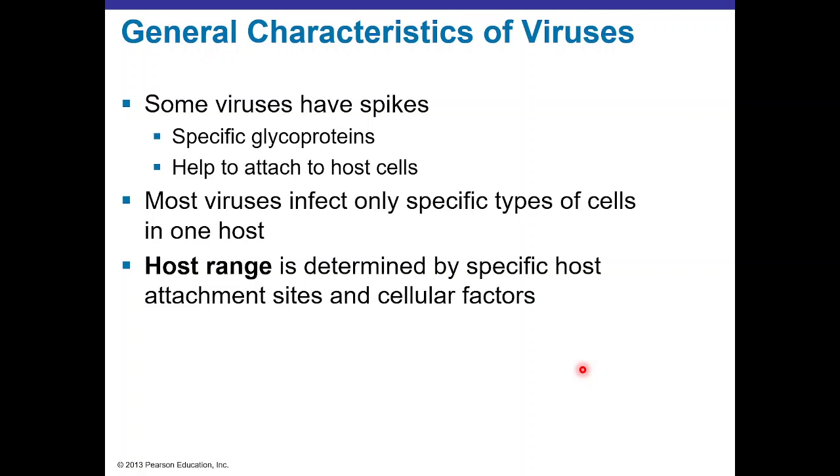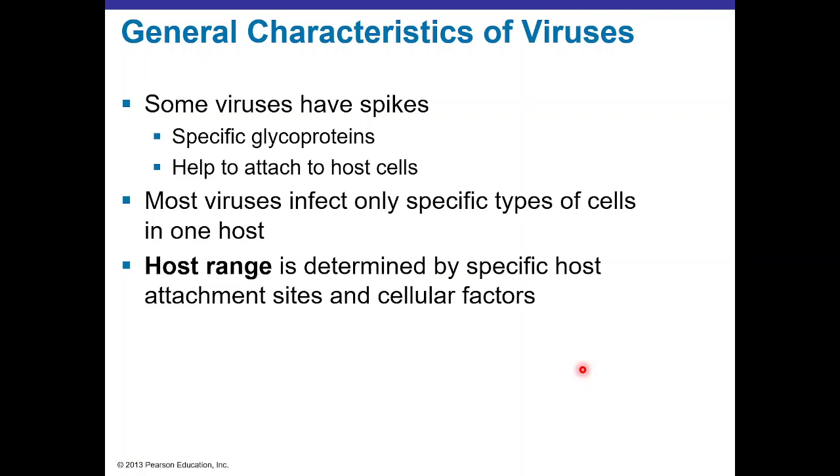Most viruses specifically infect certain types of cells within one host. These viruses also have a host range, and this host range is determined by the attachment sites or the cellular factors that allow these viruses to grow.